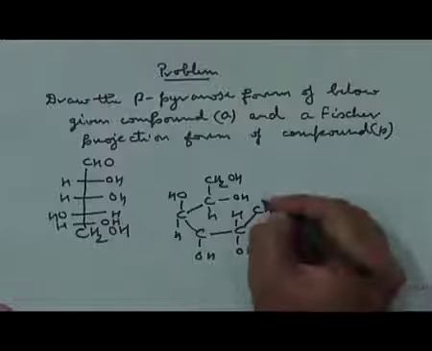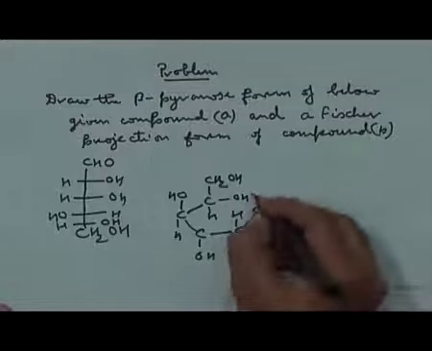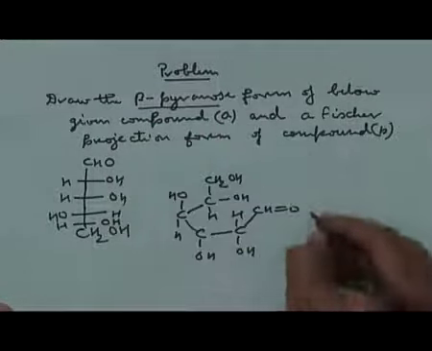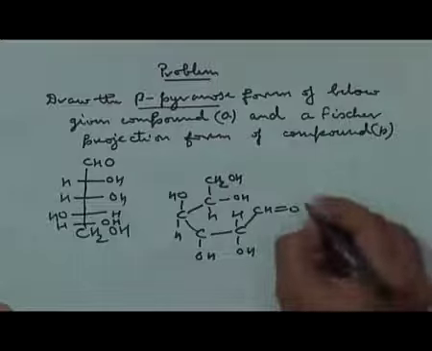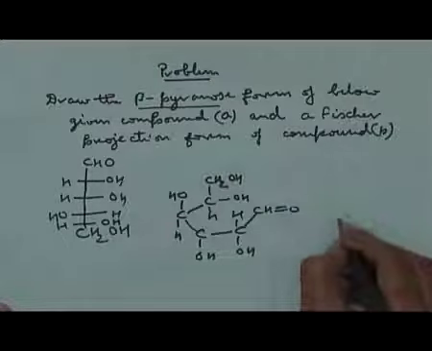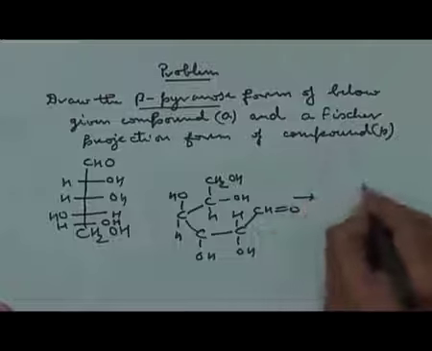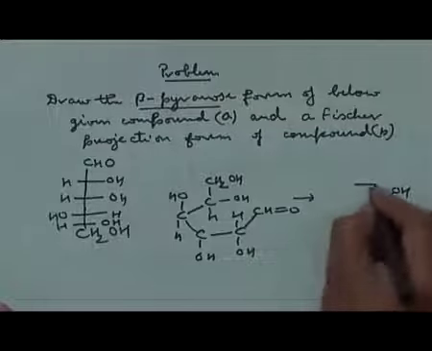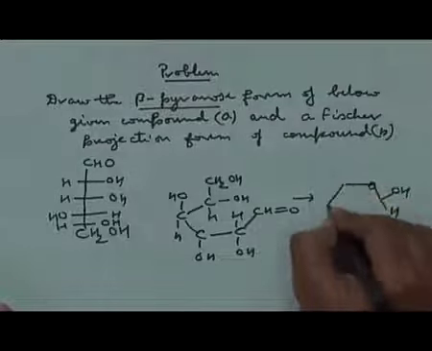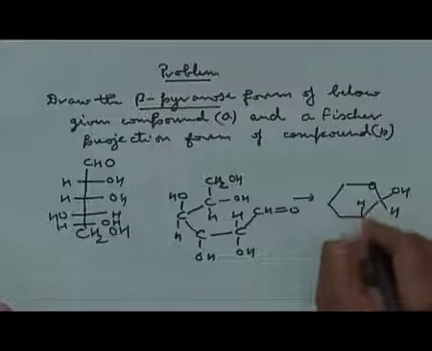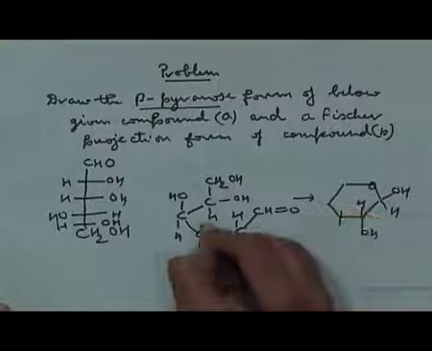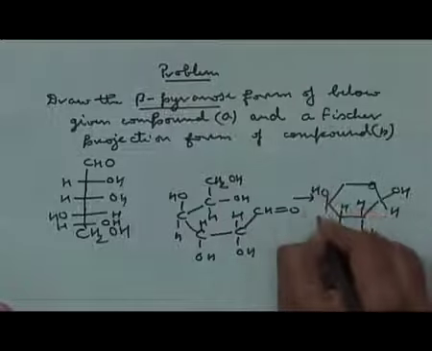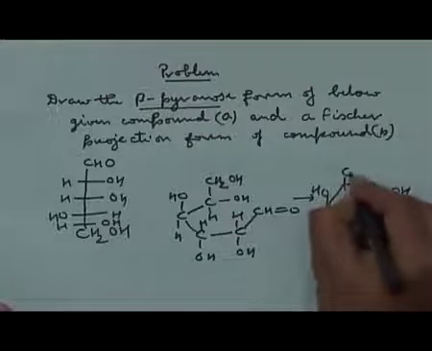Now, after acetyl formation, as it has been mentioned, it is the beta pyranose form. So, I will not consider alpha pyranose, I will directly write the beta pyranose form. In the beta pyranose form, I am putting all the chiral centers.